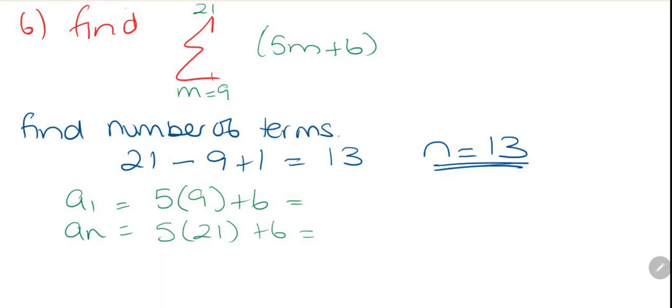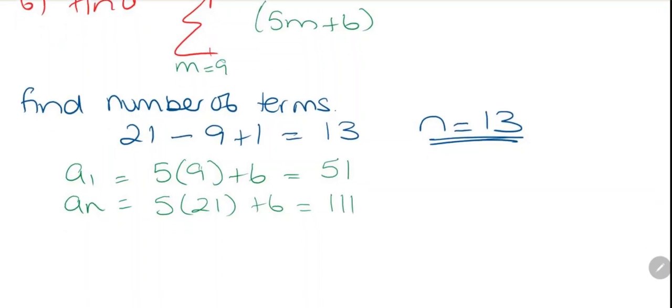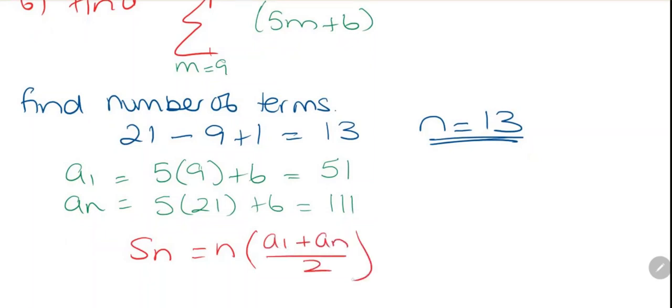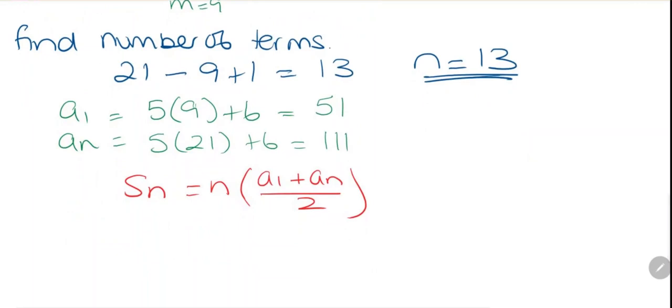So 5 times 9, 45 plus 6, so this value would be 51. And 5 times 21, this would be 111. So we can put this into the formula to find the sum of the numbers. So this will be A1 plus AN divided by 2. So Sn, we just said n is 13.